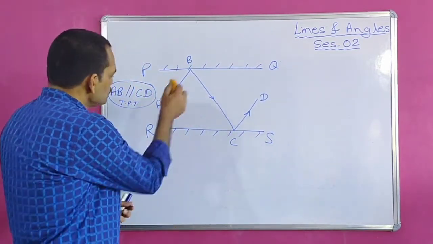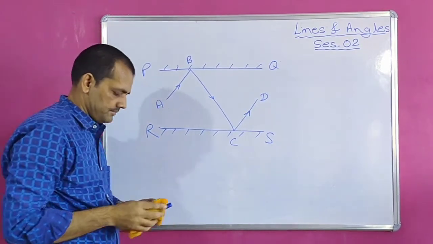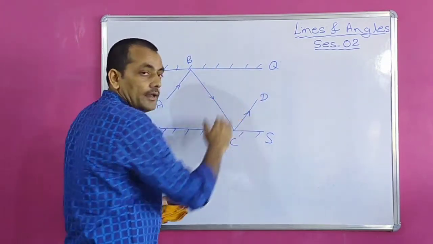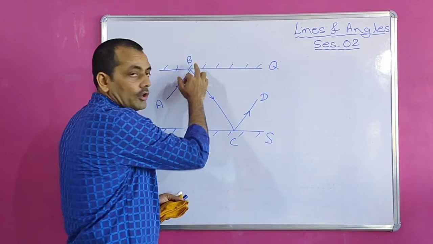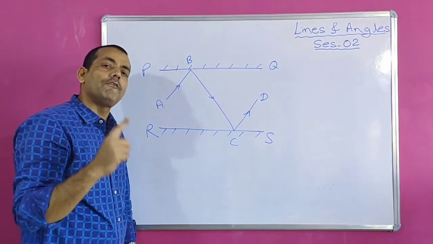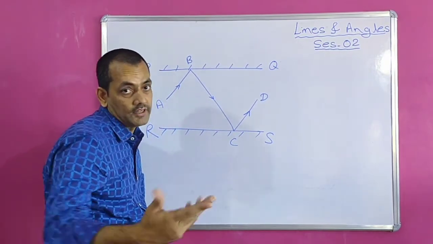Now, to solve this question, we need one concept from physics. And what is this concept? In the case of a mirror, if any ray is falling on it, the angle of incidence is equal to the angle of reflection. What does it mean?